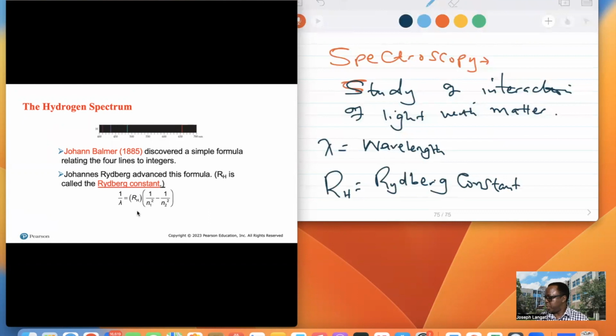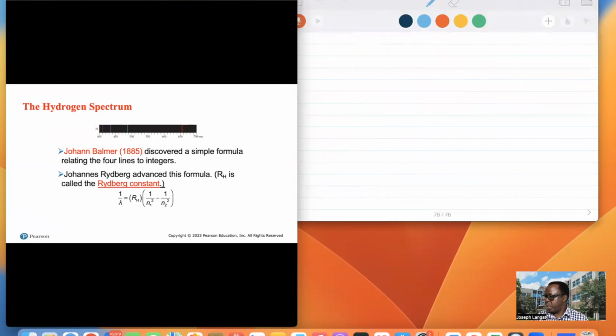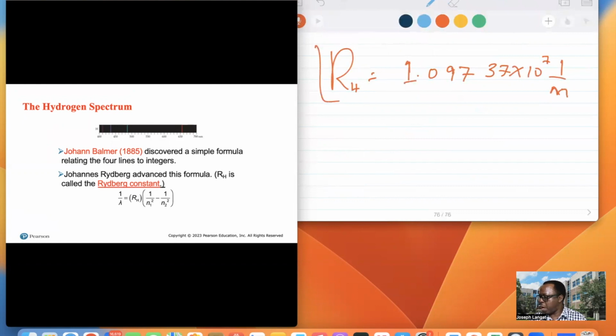You need to remember, I'm going to give you this as well. 1.097... remember it is per meter. This is the unit of the constant R_H, the Rydberg constant.